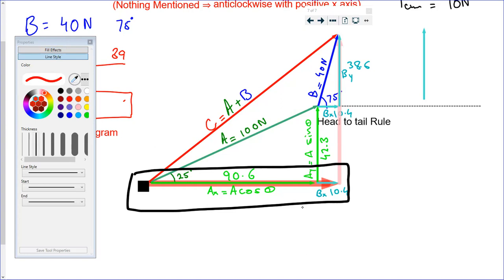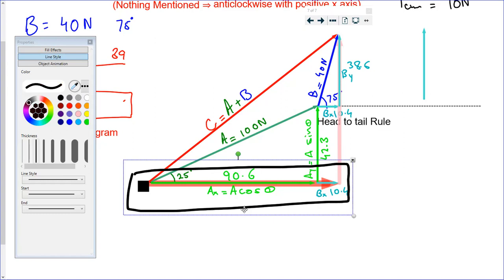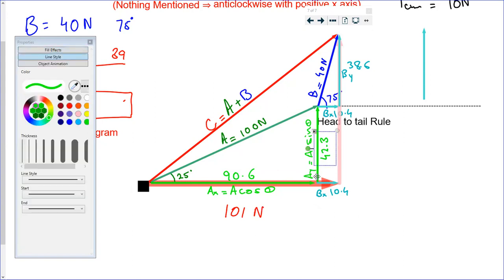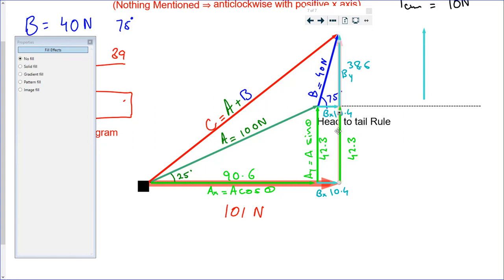So that's the length for the red horizontal component. Use exactly the same technique to find the magnitude of the vertical red component. You add this 42.3 into the above 38.6. Got it? So 42.3 and 38.6. So what will be the length of that red component which I'm going to highlight?